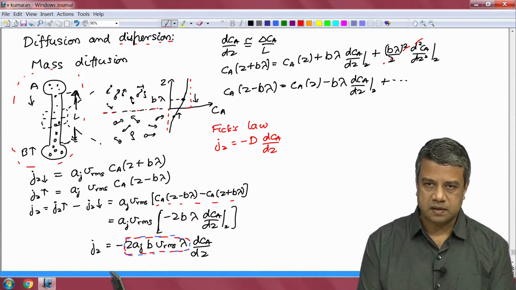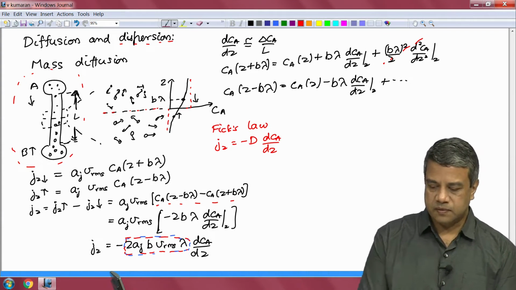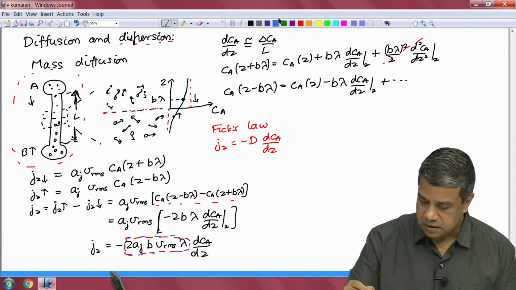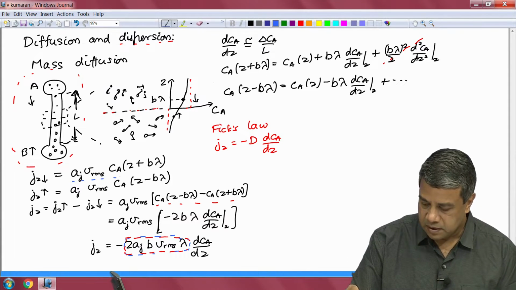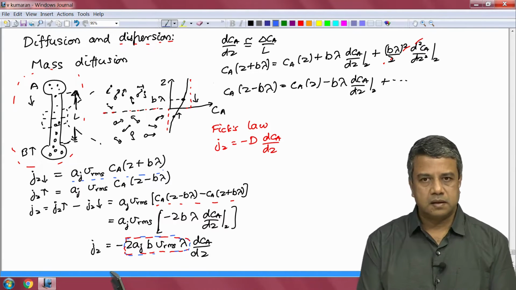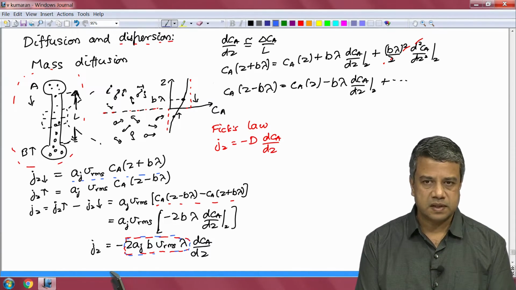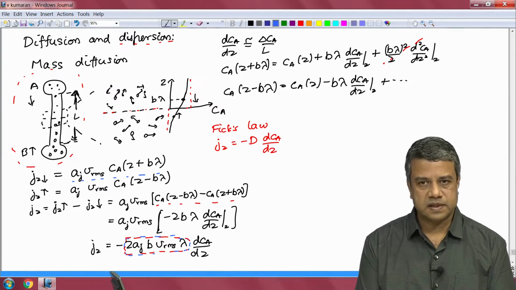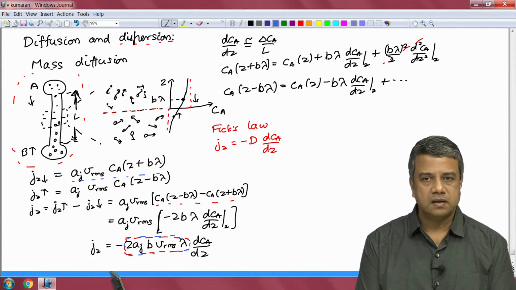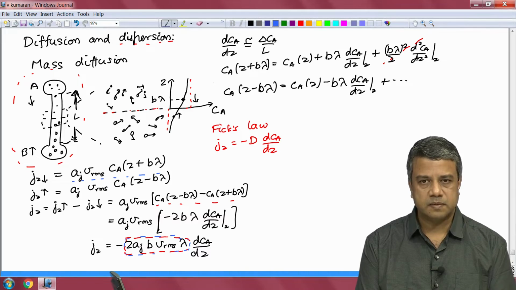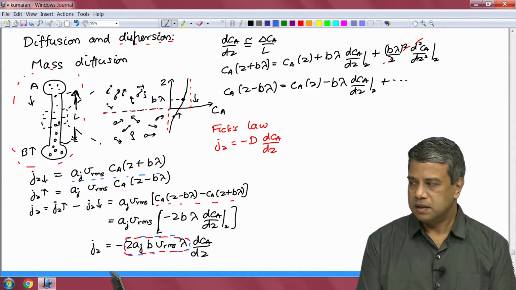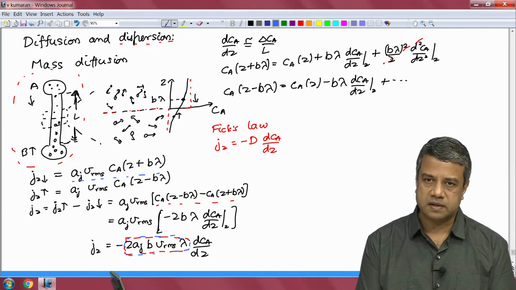We had estimated the flux. The number of molecules going from above to below is approximately determined by the root mean square velocity. So, the flux across the surface is equal to the velocity perpendicular to the surface times the concentration. Velocity perpendicular to the surface can be estimated as some constant times the root mean square velocity, because the root mean square velocity is the velocity of the molecules.